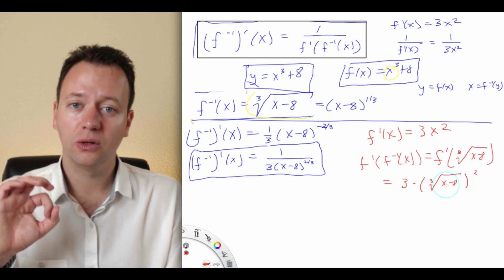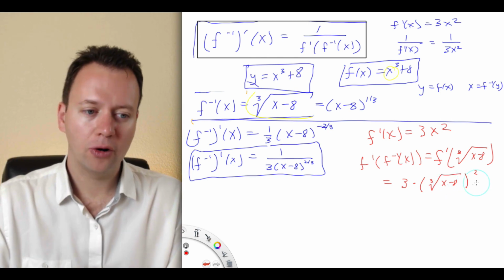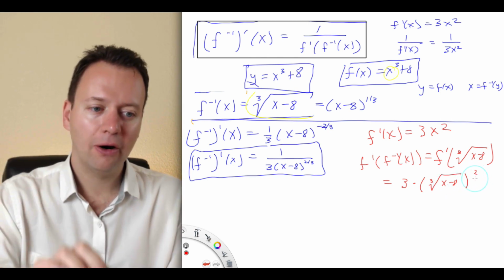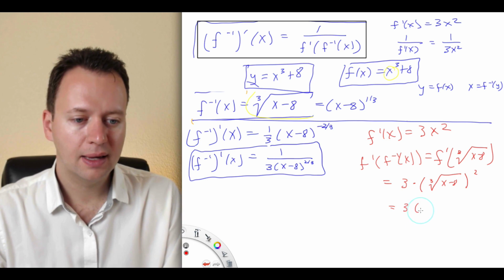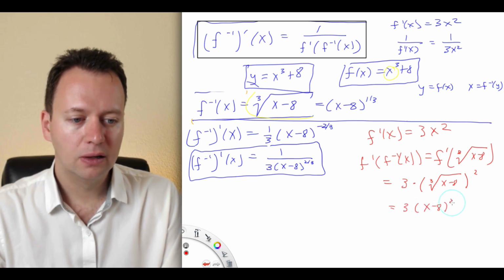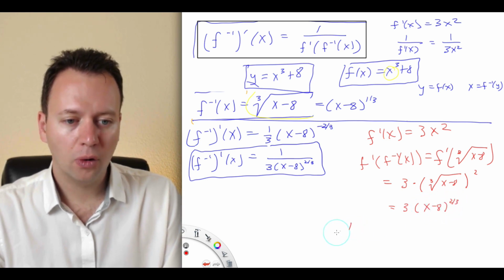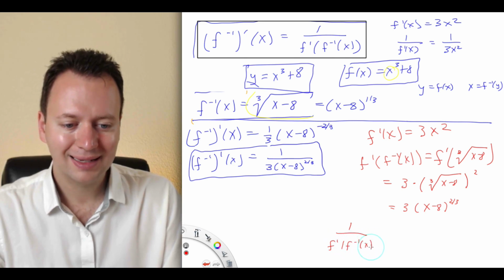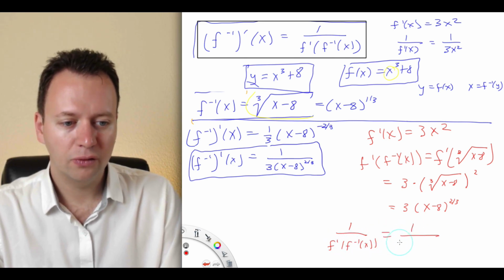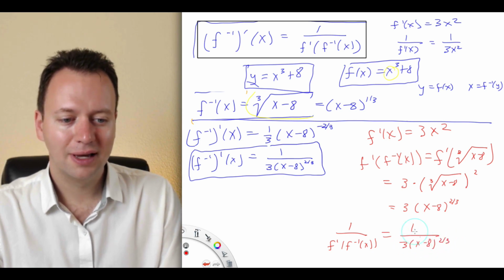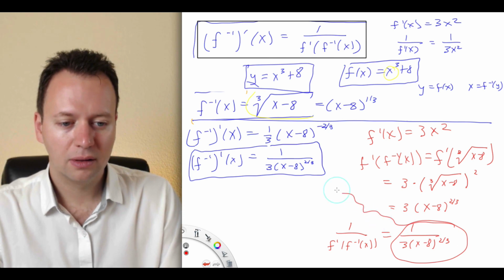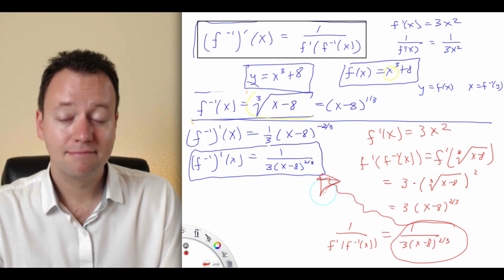Cubed root is that thing to the 1/3, and then to the power 2 becomes 3 times x minus 8 to the 2/3. So therefore 1 over f prime of f inverse of x is equal to 1 over 3 times x minus 8 to the 2/3, which agrees with what we did that way.